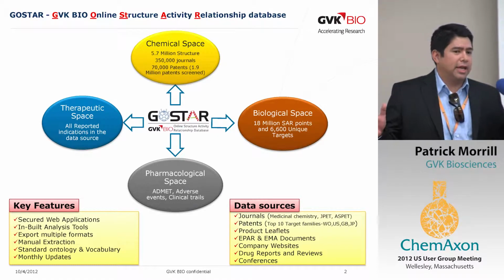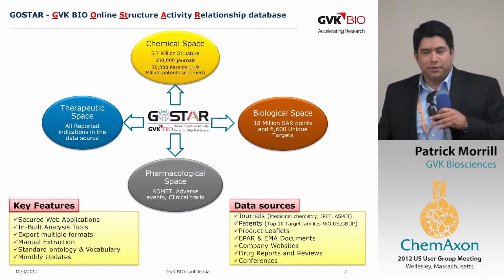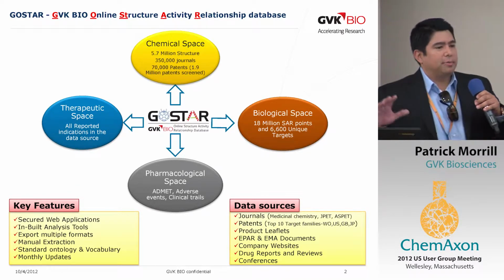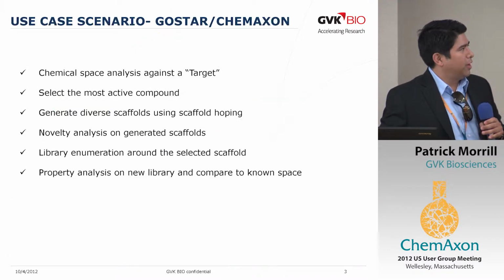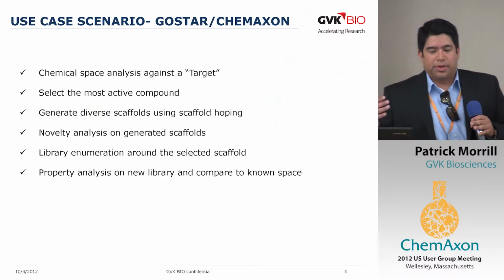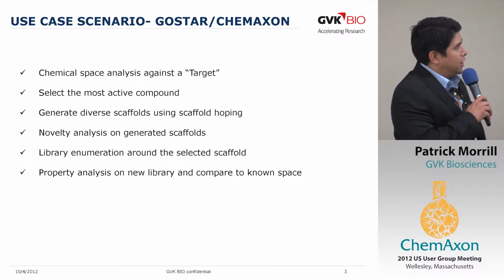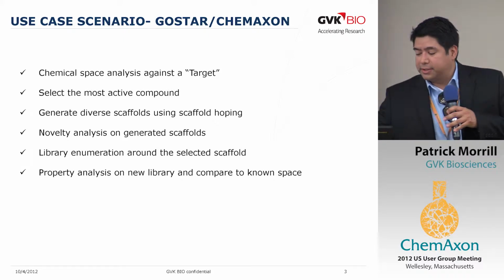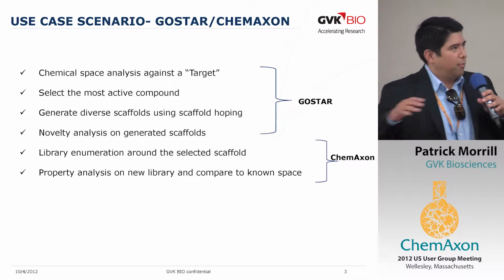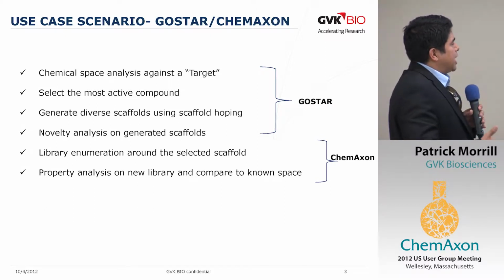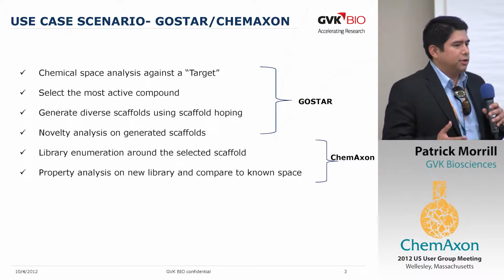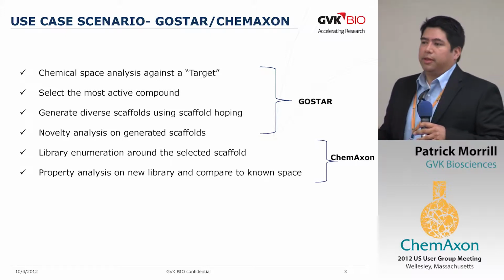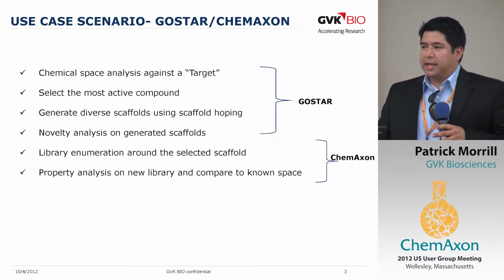The reason I'm focusing on this one is that I'm going to try and pack a use case scenario into these few minutes. Basically, we'll start off with this database, and I'll take you through a typical, general, really fast use case scenario, in which we use GOSTAR in simple steps to pull out a unique scaffold for further analysis, a novel scaffold that will be of some use in a chemical space analysis.